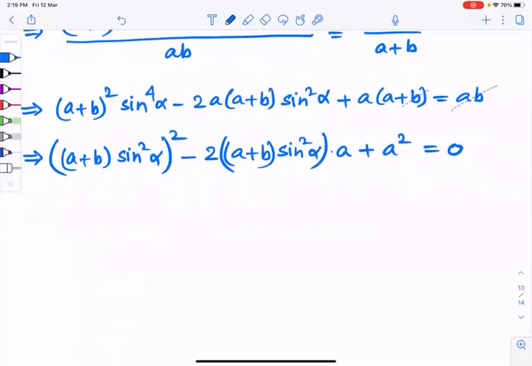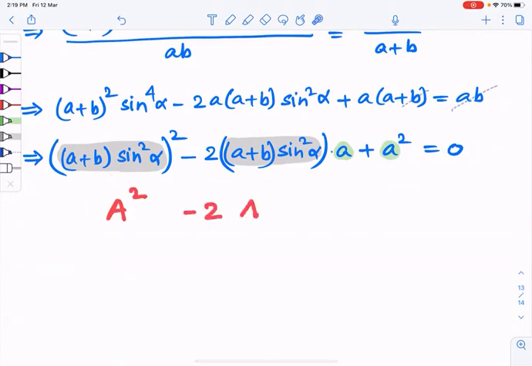Okay, so I will mark something. Say a plus b sine square alpha, that is one first term here, that is here also. And the other term is a, that is here also. So it is like capital A square minus 2 into capital A into b plus b square, where capital A is this whole thing, capital B is just this a.